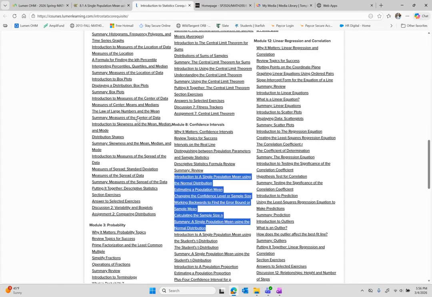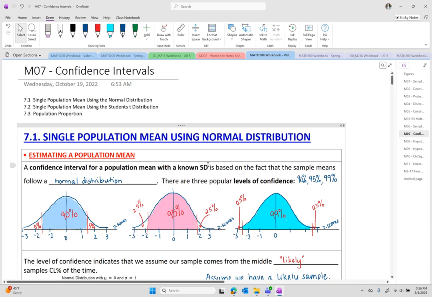And in the IntroStax Corequisite book by Lumen, we are in Module 8, Confidence Intervals, and we are in the section Intro to a Single Population Mean using the normal distribution. So what we will be doing here is we will try to estimate a population mean given a sample mean that we have calculated.